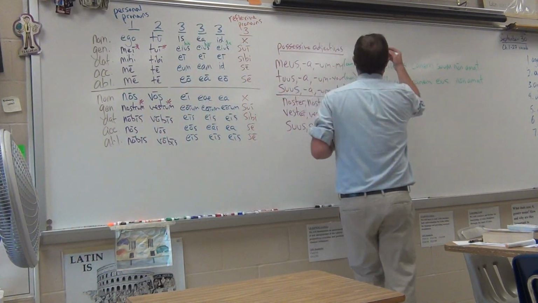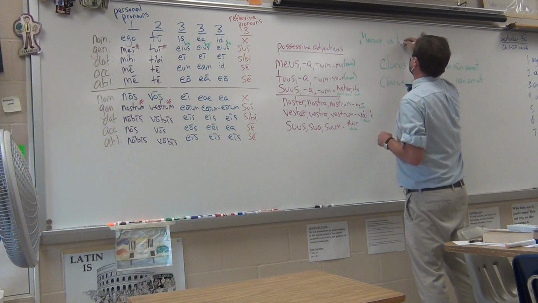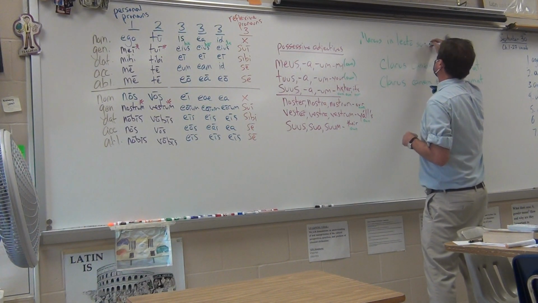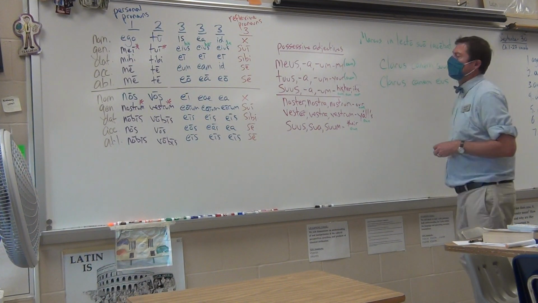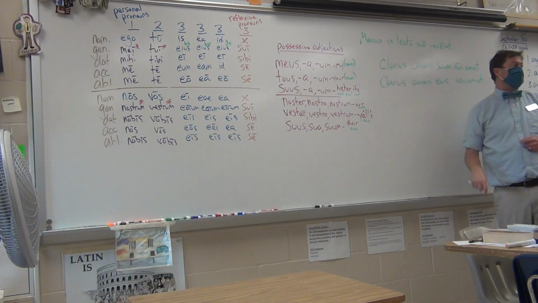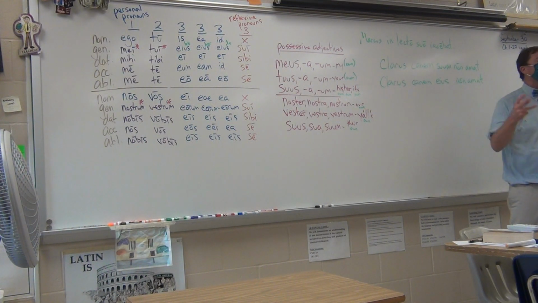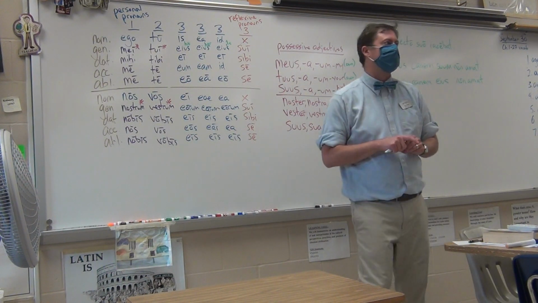Because remember, we saw before in the chapter, Marcus in lecto suo iacebat. Boys and girls, what was that saying? Marcus was lying in his bed. Now, was he lying in his own bed or was he lying in Sextus's bed? His own.